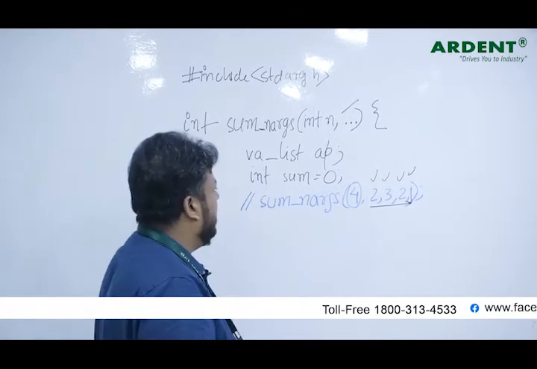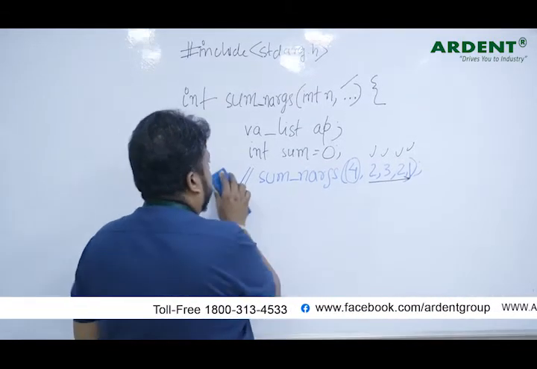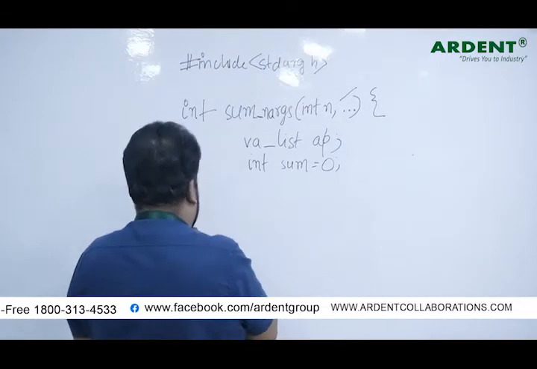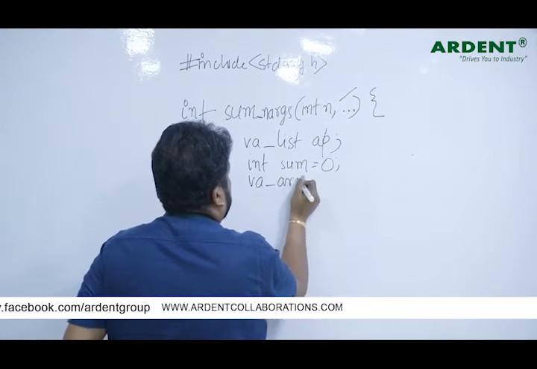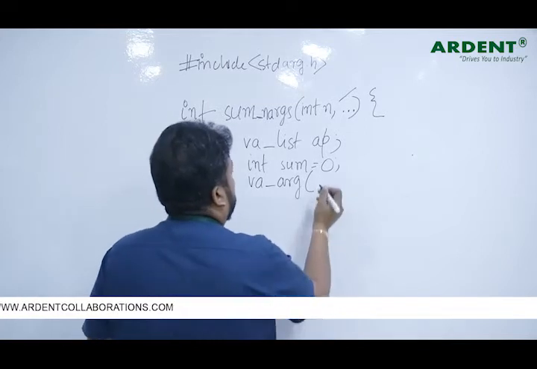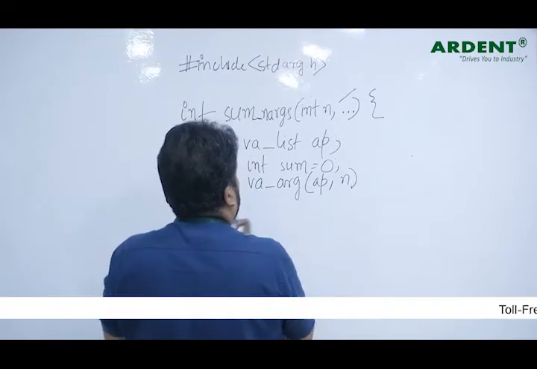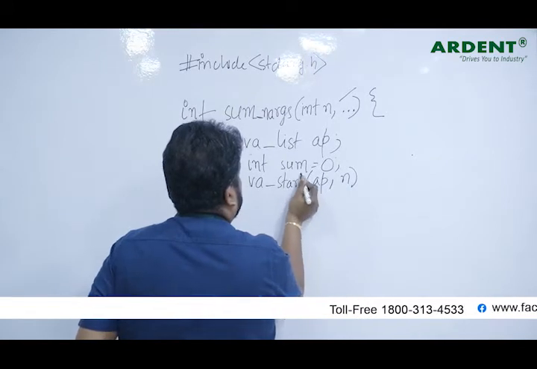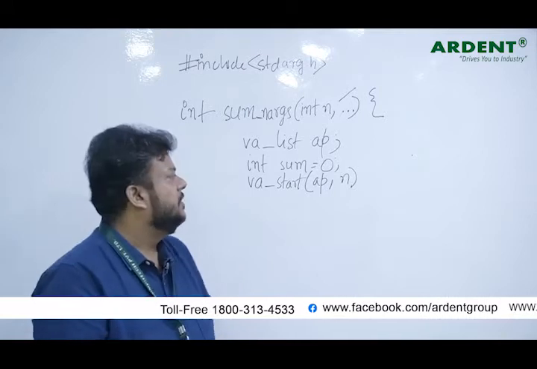To do this, let me write the next line. We use va_arg, which is nothing but a macro. Again, I'm so sorry. We're going to use va_start, which is a macro present in the header file stdarg.h.